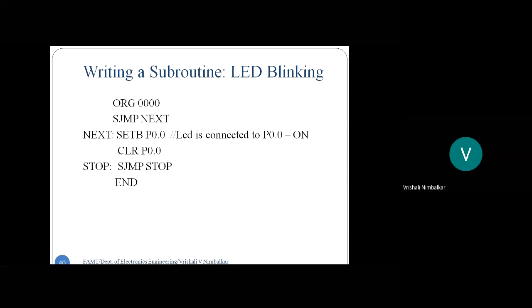Anyone? What is persistence of vision? It is 1/10 of a second. Our persistence of vision is 1/10 of a second. What does that mean? If any changes happen in 1/10 of a second, we are able to recognize it. If anything happens faster than that, our eyes cannot detect it. So that is called persistence of vision.